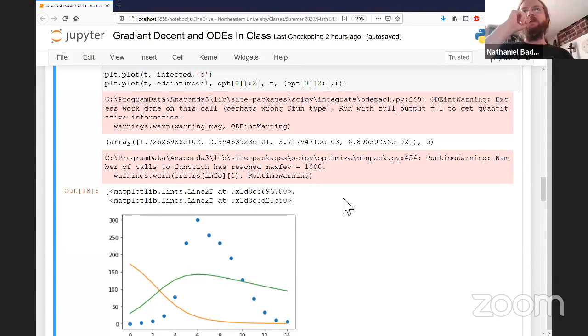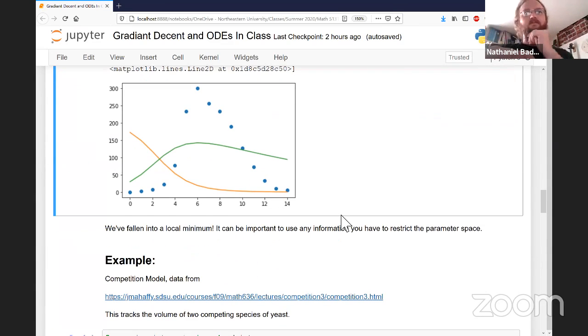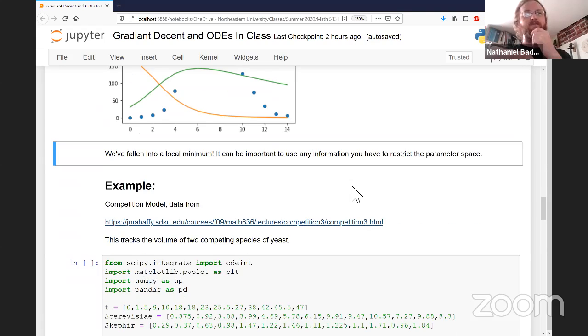It kept on stepping in the direction of the gradient, but essentially it was stepping too far probably. And so this 5 is indicating, well, here's what I got, but the function knows that it's wrong because this is actually worse than the initial parameter value.